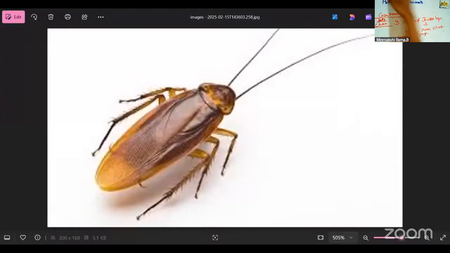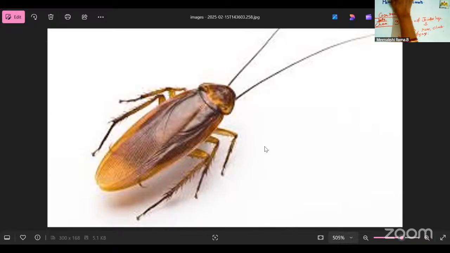This is the structure of the cockroach. Have you all seen it already? A known insect. Okay. The cockroach has 3 pairs of jointed legs: 1, 2, 3. The 3 pairs of jointed legs help with walking, running and climbing.